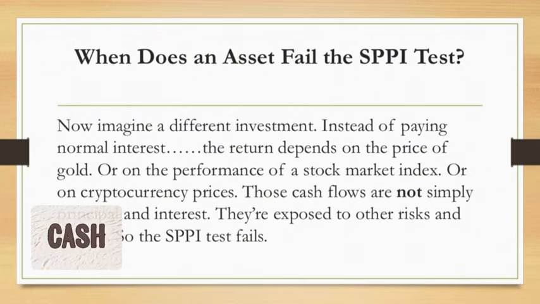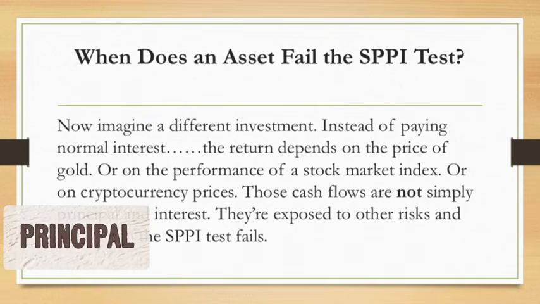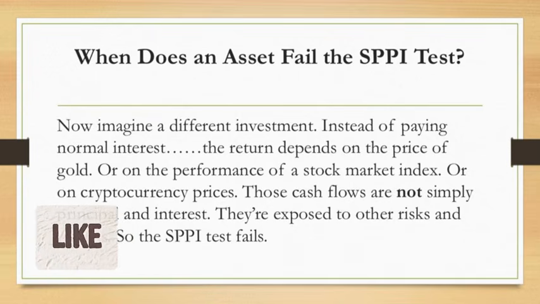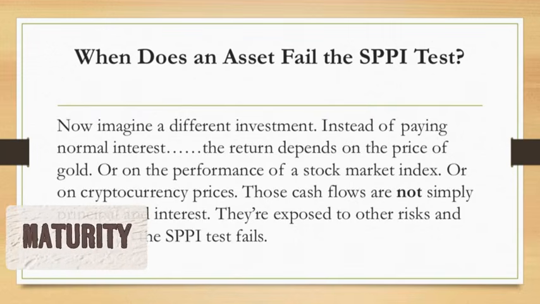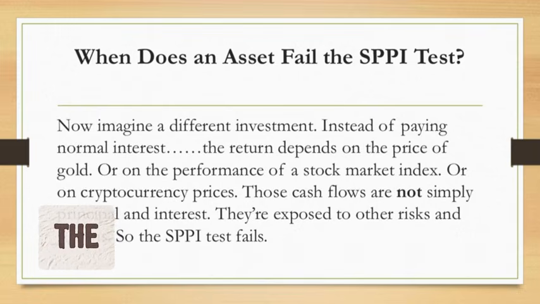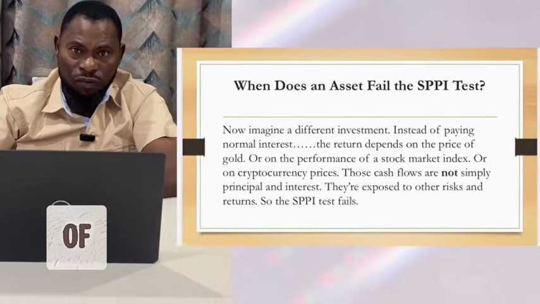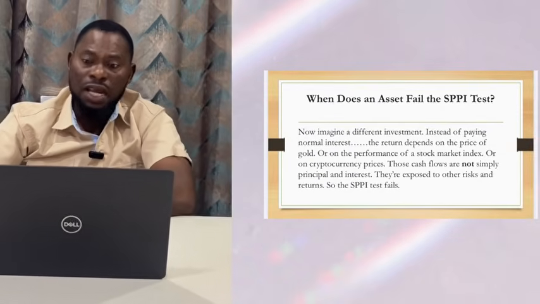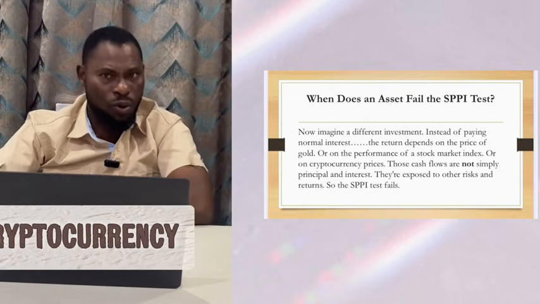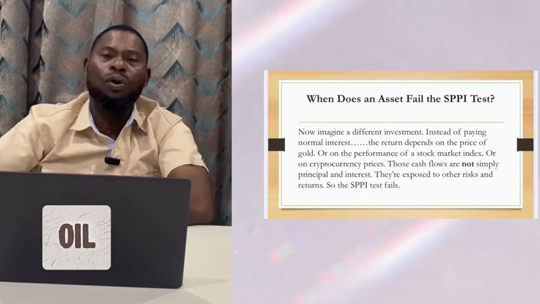So those cash flows are not simply principal and interest anymore. They are not like the first one where it is just payment of interest, and then principal upon maturity. This one depends on gold, the price of gold in the market. This one depends on the performance of stock prices. This one depends on cryptocurrency. This one depends on oil.